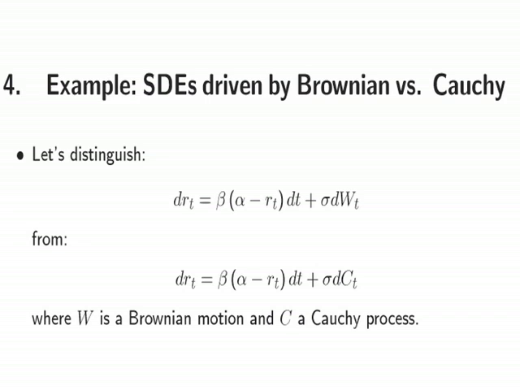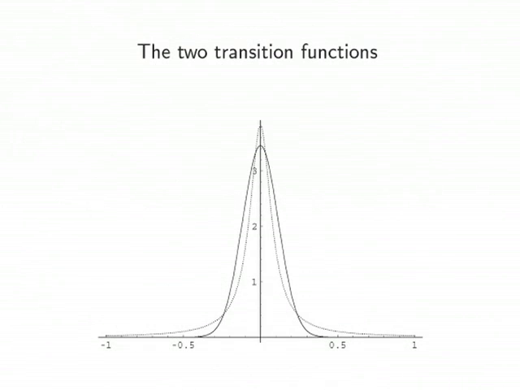So a pure jump Levy process with Levy measure constant over x squared. Why those two models? Those two models are nice because they have explicit transition functions. The Ornstein-Uhlenbeck, obviously you know what it is, and the second model you also know, because the Cauchy process has a known density function. I showed you that density function yesterday.